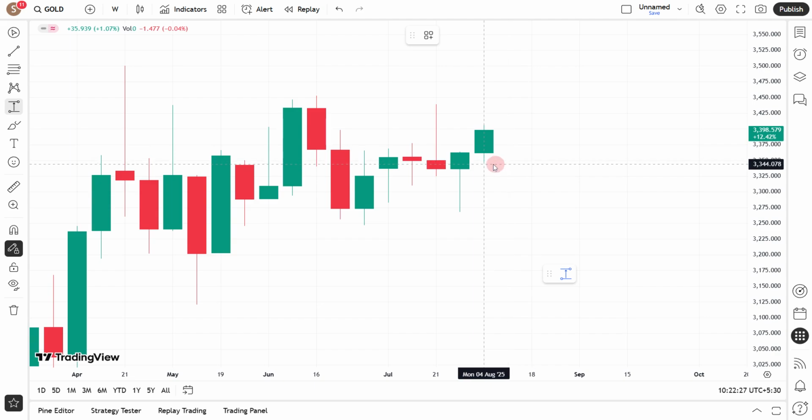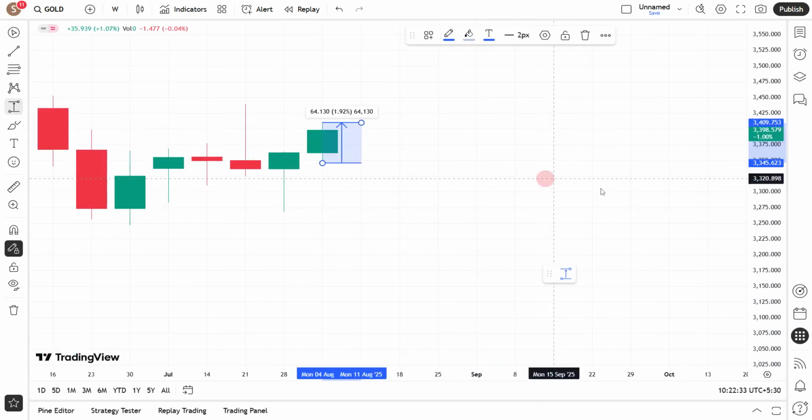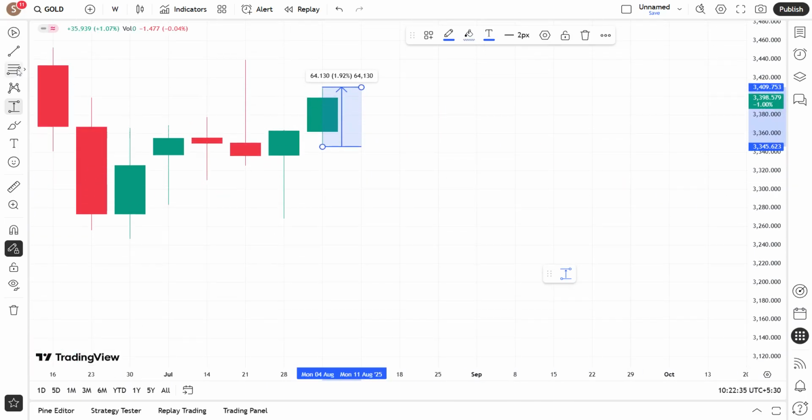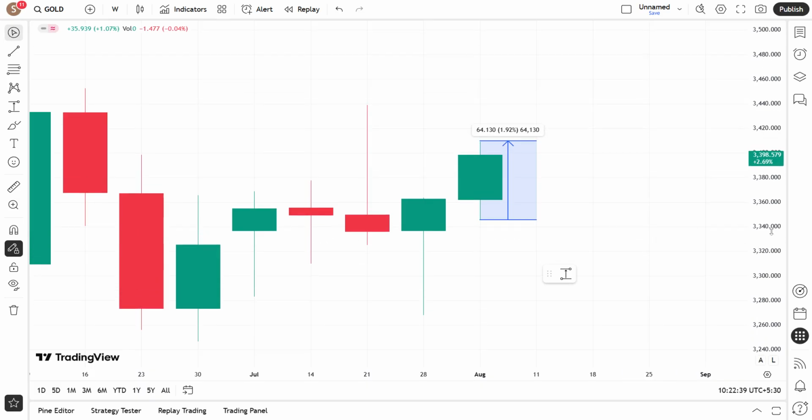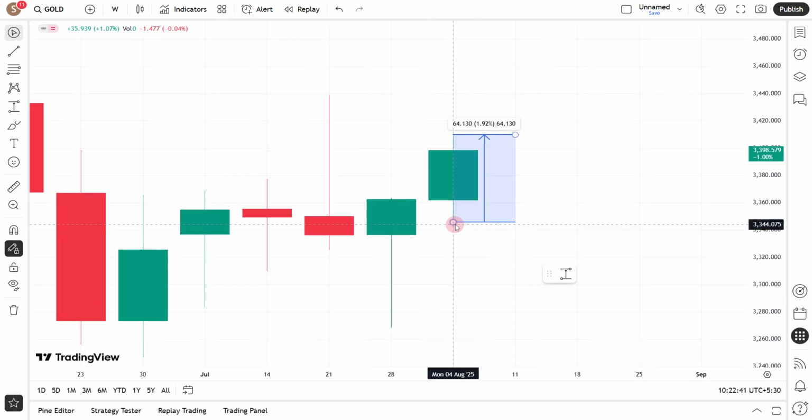Let me show you the last week's price movement, exactly how much price movement happened. If you see, $64 of movement happened in the last week. The week started from 4th August and closed on Friday the 8th. So it gives almost $64 of movement in the price of gold.